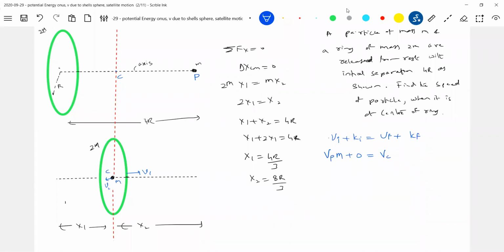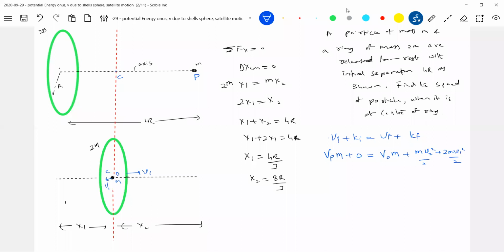Potential at C times m, now don't write VC here, let me write V0 only, the center of the ring. O will become the center of the ring, and O and C will be at the same point now. So V0 times m plus (1/2)m v2 square plus (1/2)(2m) v1 square.